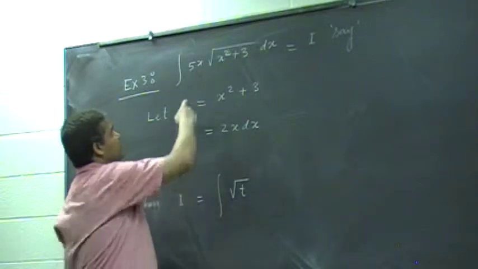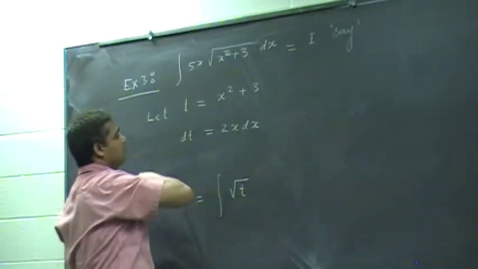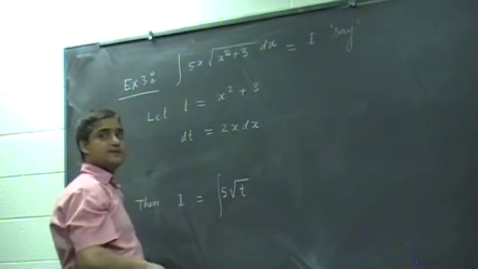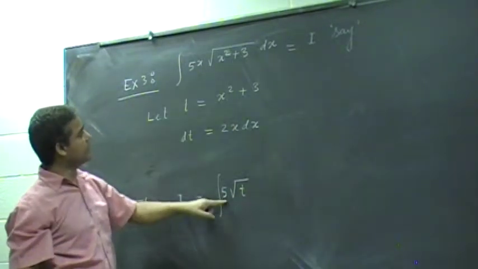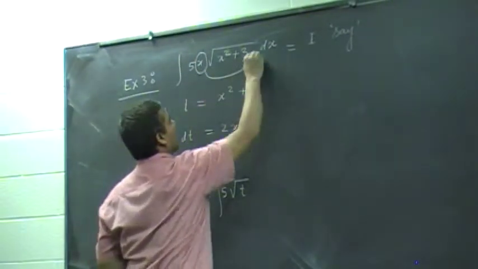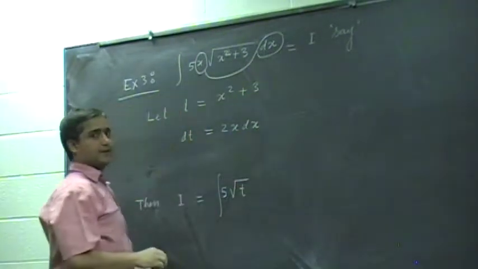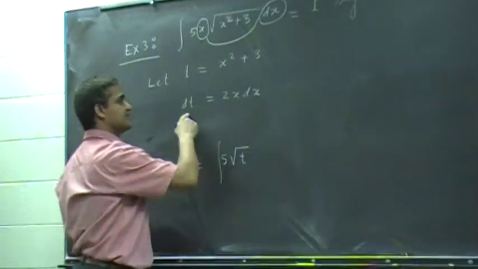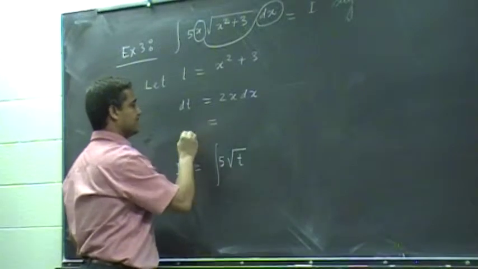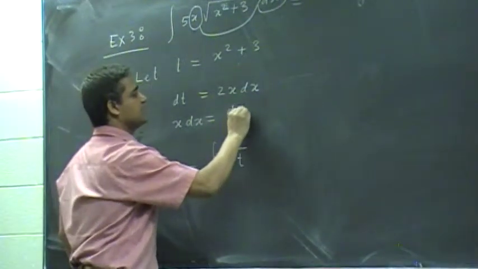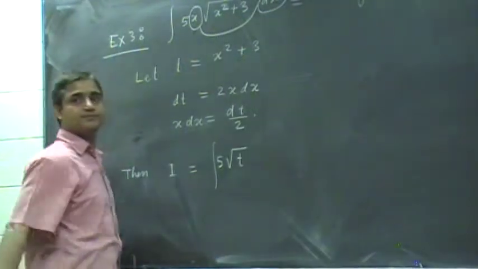Okay, 5 is not a big issue because we can pull it out. Let me write 5 as it is. I need the value of x dx. Let's go back to this expression. 2x dx is dt, so x dx is, what do you think? dt over 2, right?